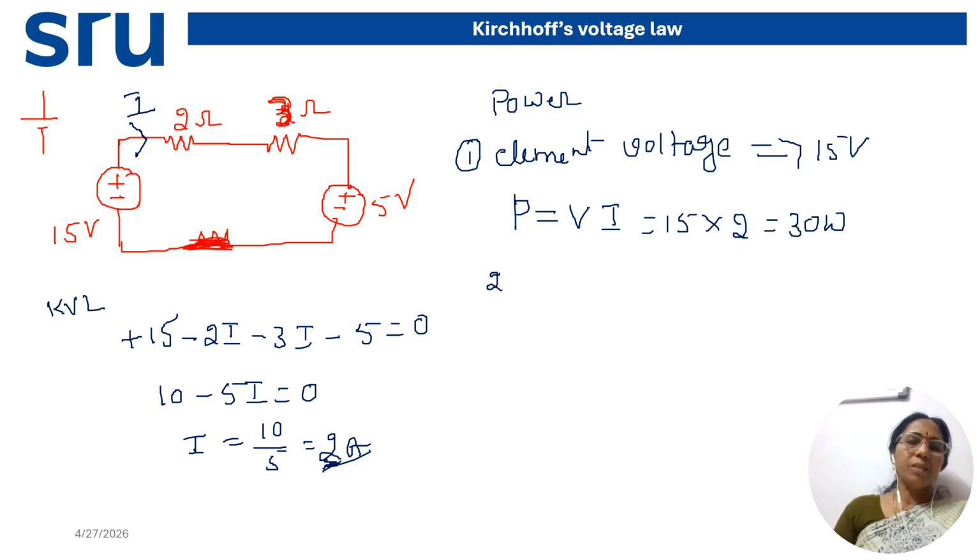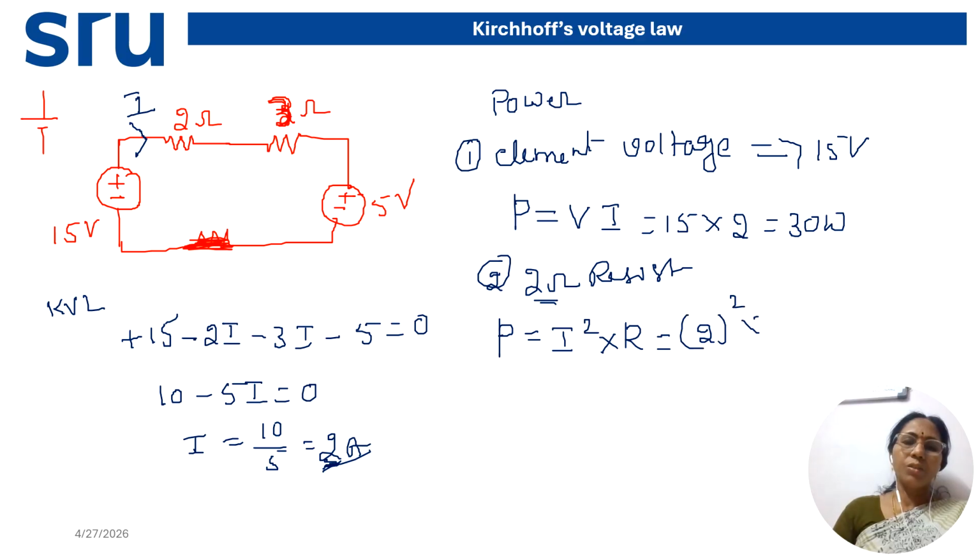And the second element is the 2 ohm resistor. We know the resistance value, so what is the power equation that I need to take? I square into R, because we know the current magnitude 2. Is it right? So 2 square into resistance 2. 2 square is 4, 4 twos are 8. So the power loss across this 2 ohm resistance is 8 watt.